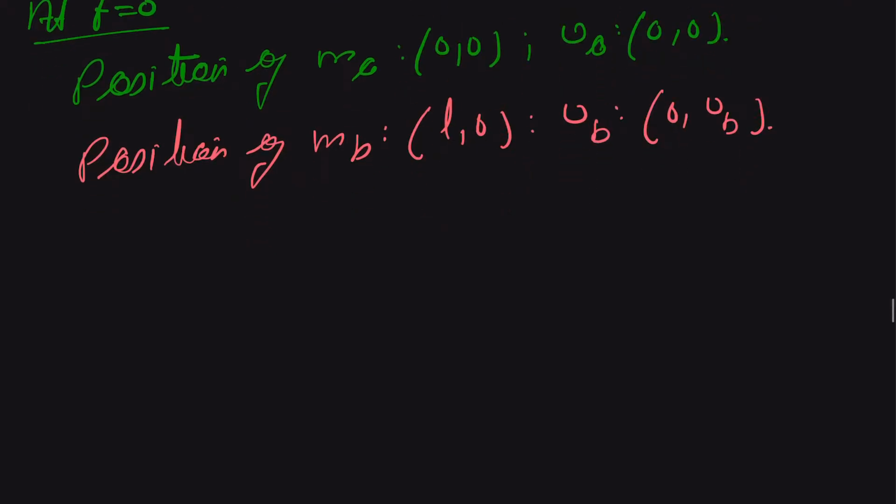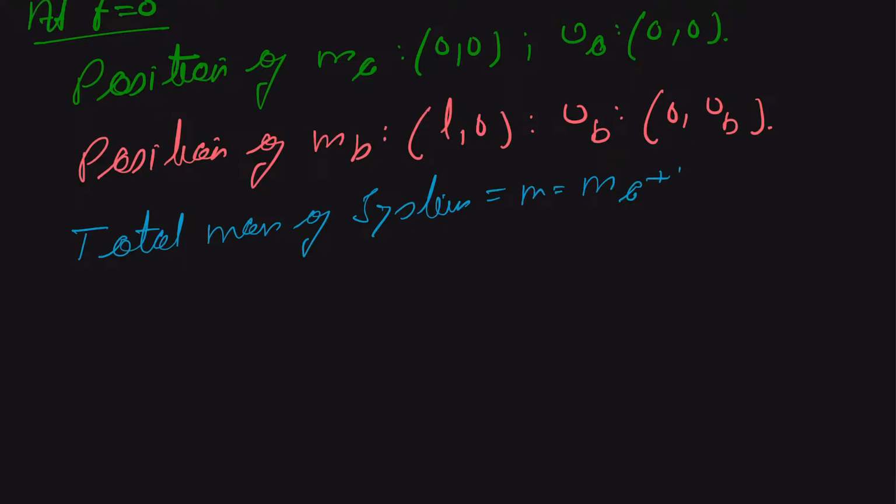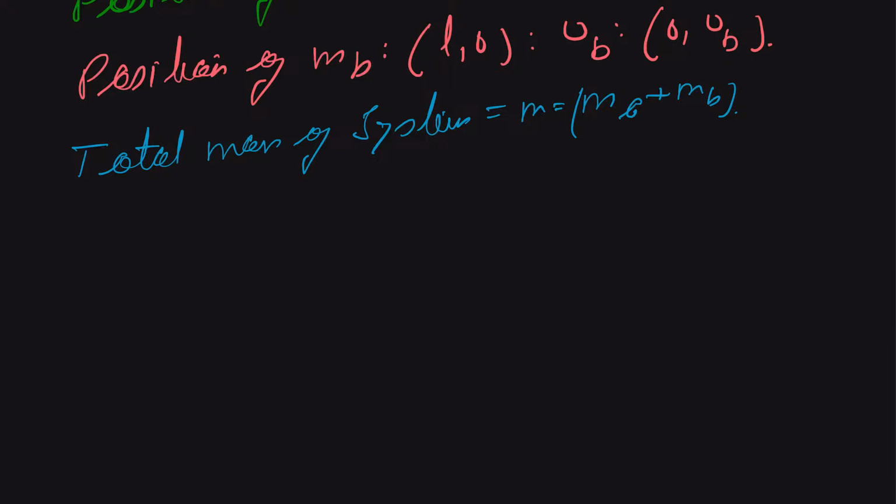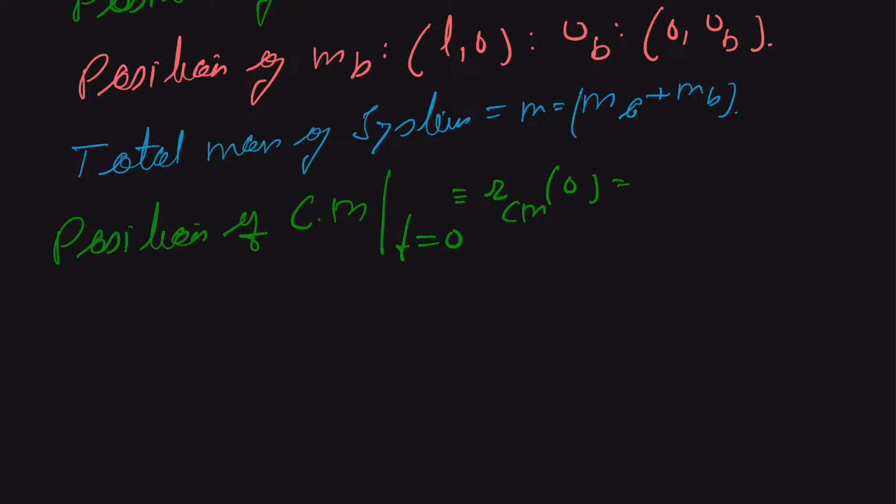And the total mass of the system, m, is equal to mass of A plus mass of B. So we can find the position of the center of mass at t equal to 0, let us suppose this is our RCM0.